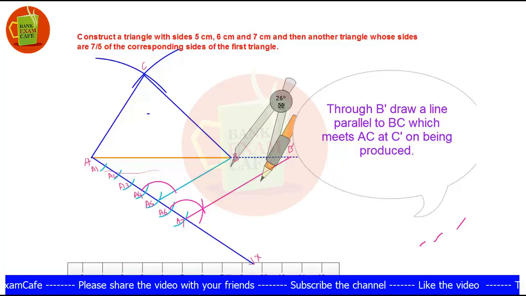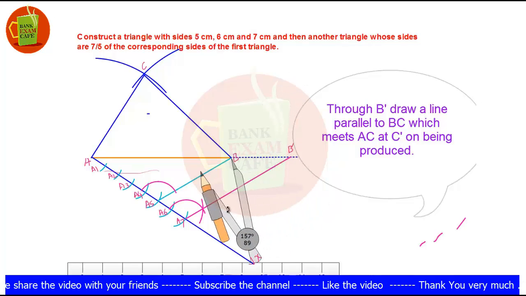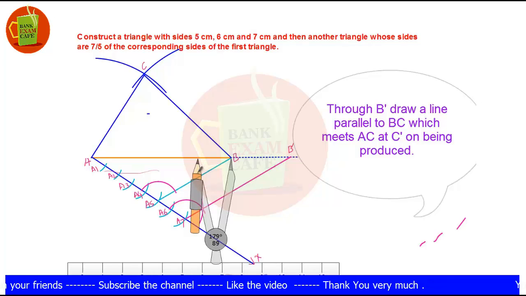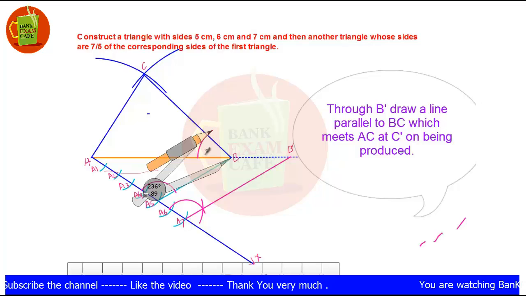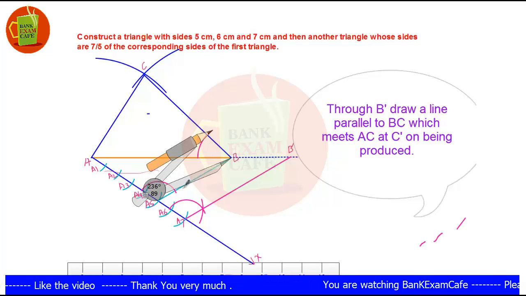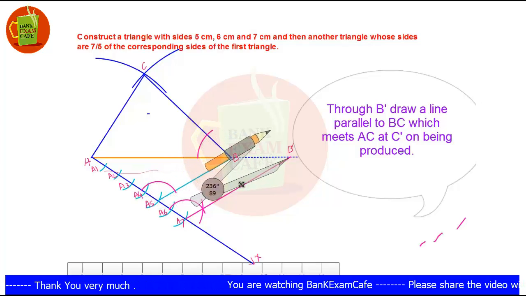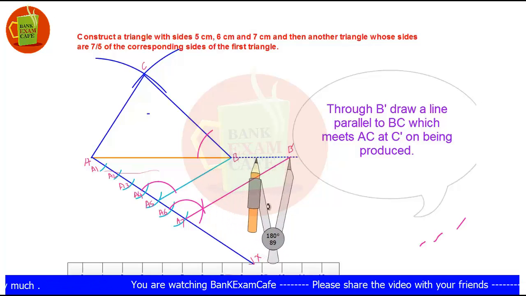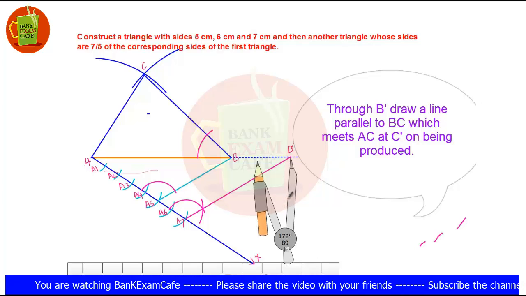Now take B as a center and any suitable radius, draw an arc intersecting these two sides, then keeping the same distance, take B dash as a center and draw an arc.